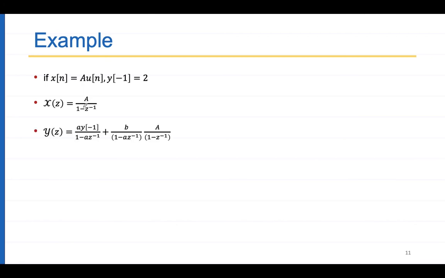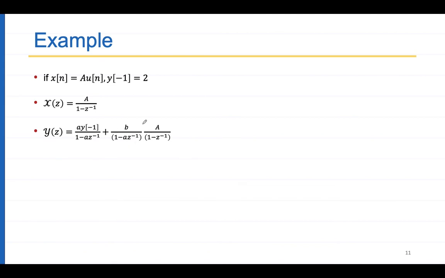And my Y(z), now putting it back into the formula which we derived in the previous slide, is the response because of non-zero initial condition, and the response because of the external input. So b times X(z) upon 1 minus a z inverse, right?